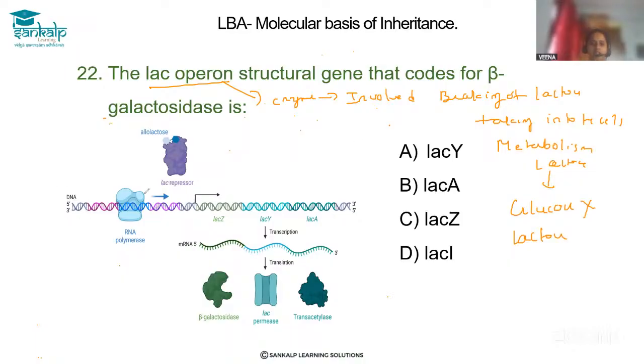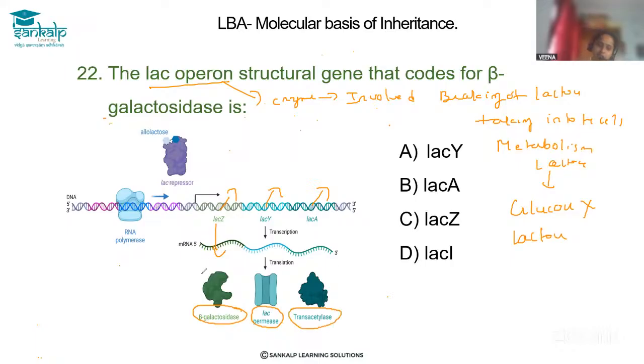If you observe here, this is the DNA molecule, and here there are three structural genes: lacZ, lacY, and lacA. LacZ is involved in the synthesis of beta galactosidase, lacY is involved in the synthesis of lac permease, and lacA is involved in the synthesis of transacetylase.